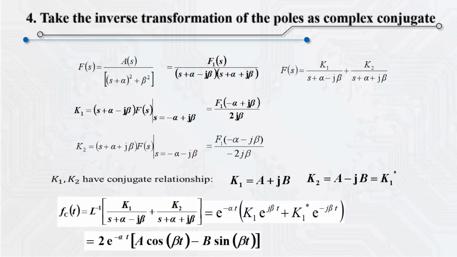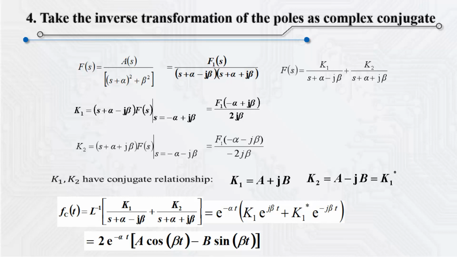Look at k1 and k2. The numerator of k1 is the numerator evaluated at -alpha plus j beta, and the numerator of k2 is evaluated at -alpha minus j beta. The numerators are conjugate.